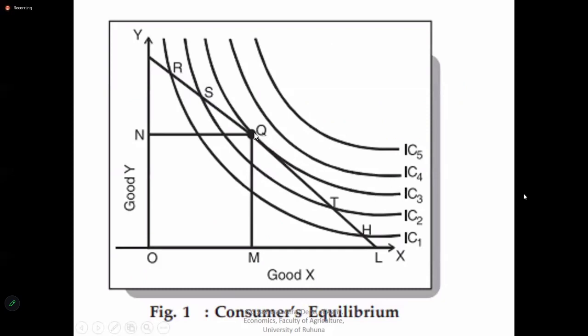On IC2 there are two points, S and T. On IC3 there is only one point on the budget line, Q.